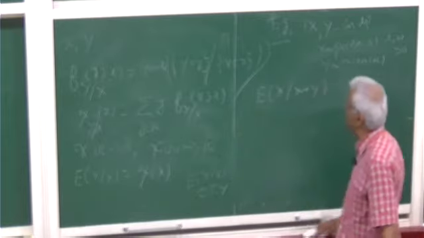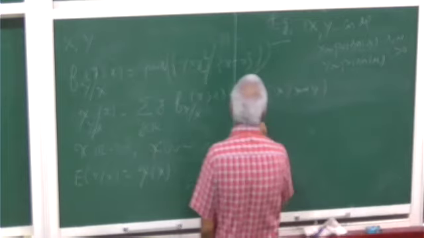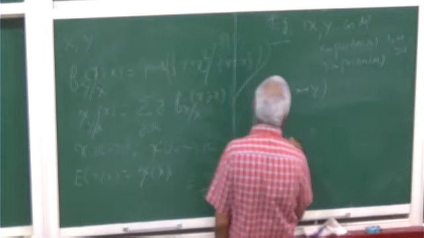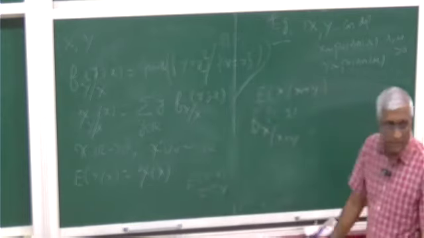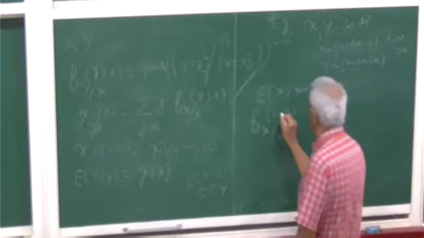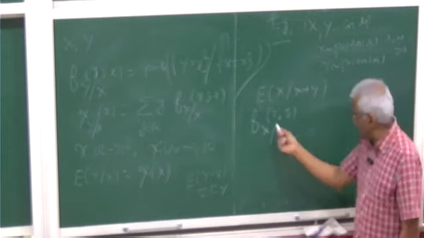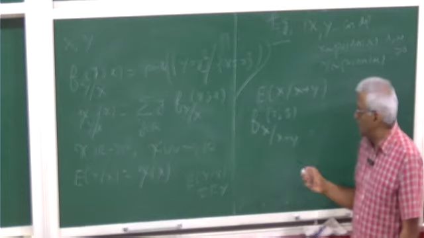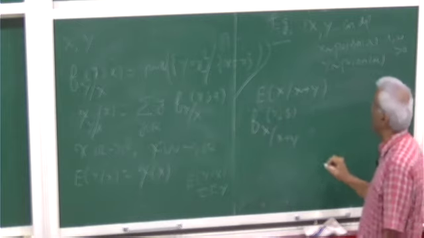So now we have a situation where x and y are independent, but we want to compute x given x plus y. To compute that, we first have to compute this. Here x is some number z.